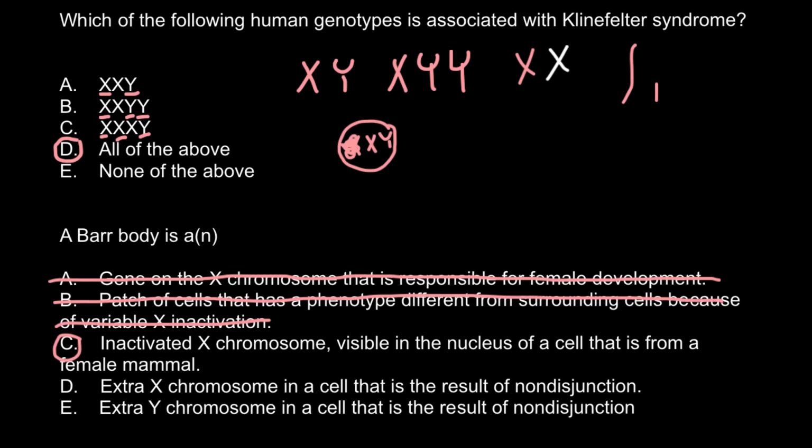And of course, answer B, when we have in the same nucleus 2 X chromosomes and 2 Y chromosomes, one of the X chromosomes also would form a Barr body.